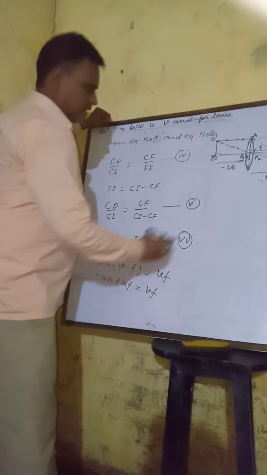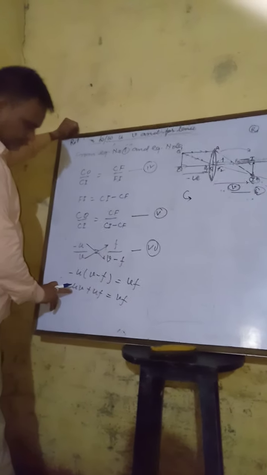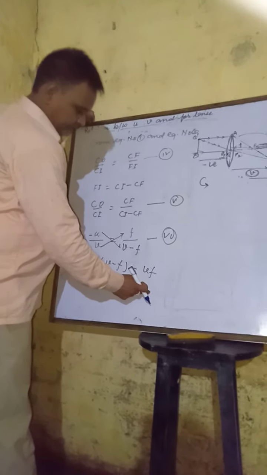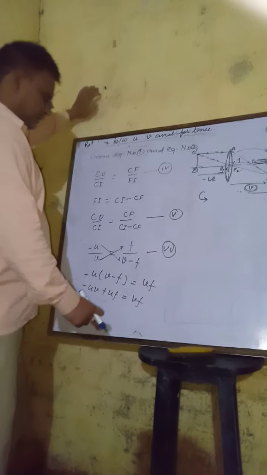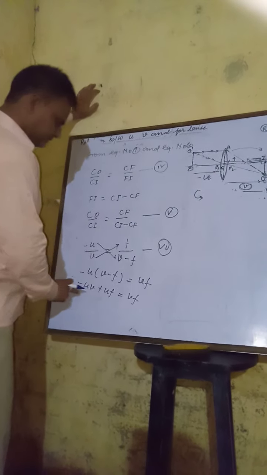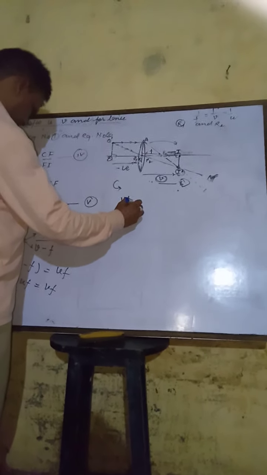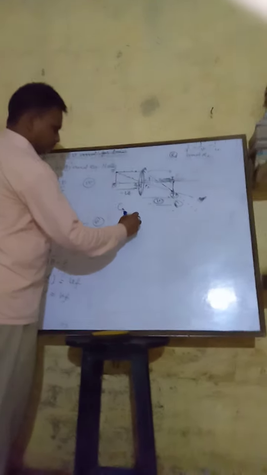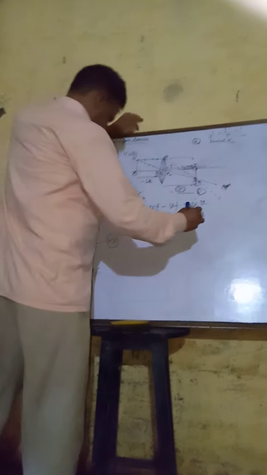If we solve it, in the further step we transpose uv to the right hand side and vf to the left hand side. Then we will find that uf minus vf is equal to uv. This is equation number 7.